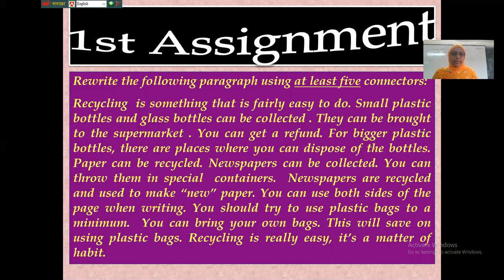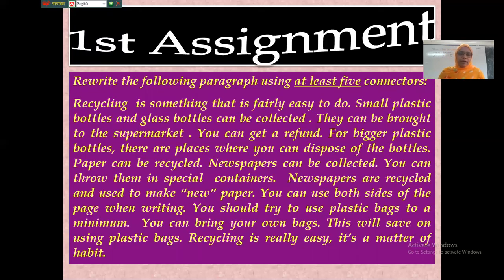Small plastic bottles and glass bottles can be collected. They can be brought to the supermarket. You can get a refund for bigger plastic bottles. There are places where you can dispose of the bottles.